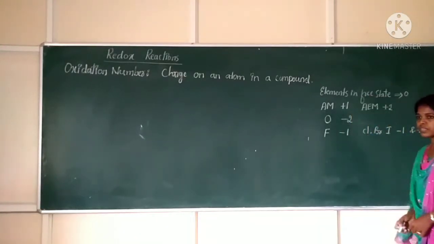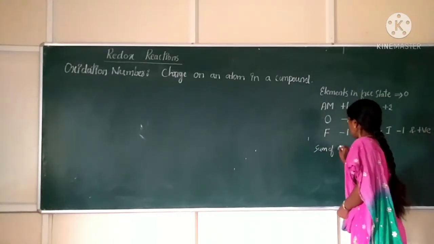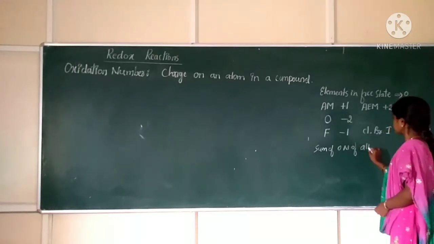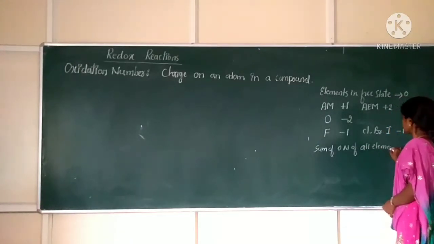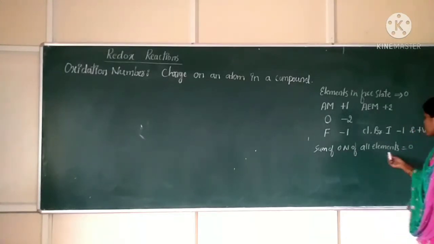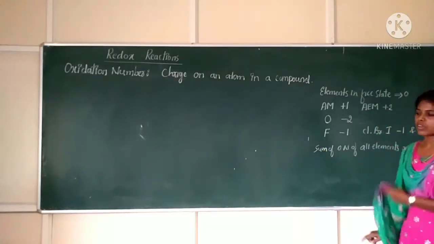Next, the sum of oxidation numbers of all elements must be equal to 0 in the case of a neutral compound.